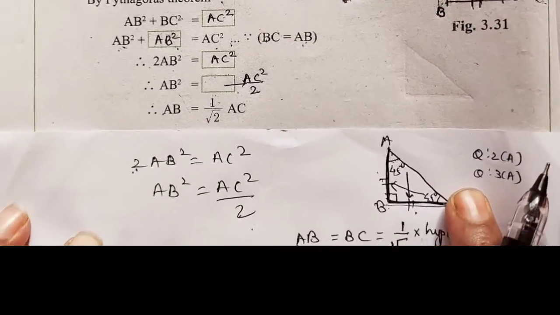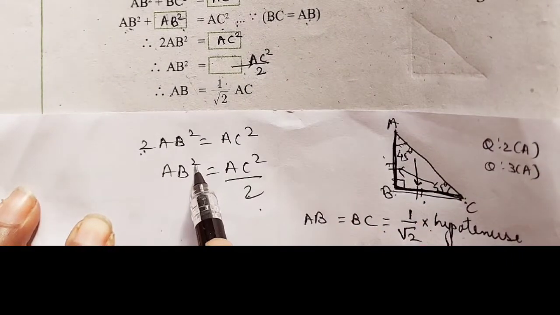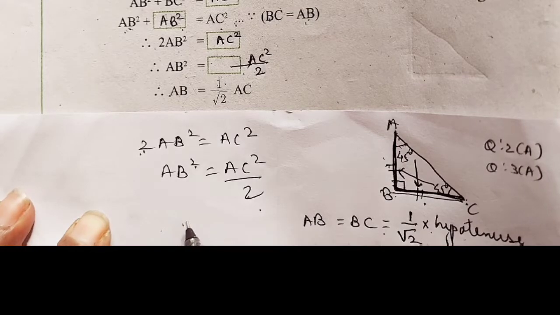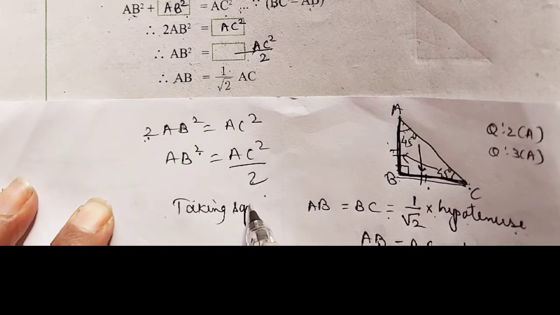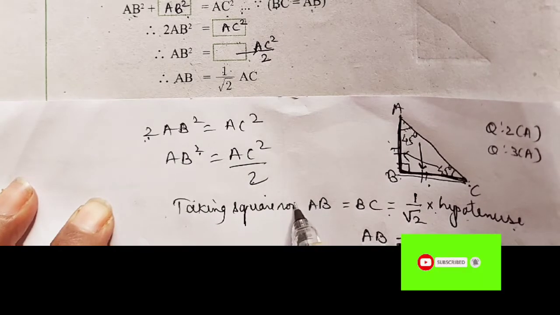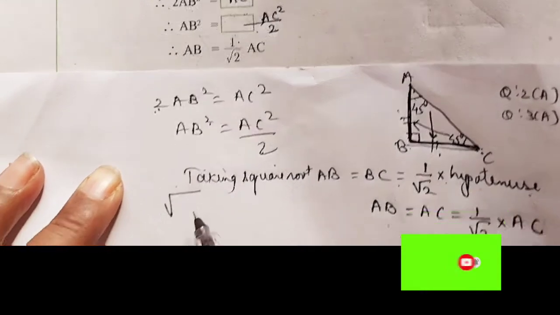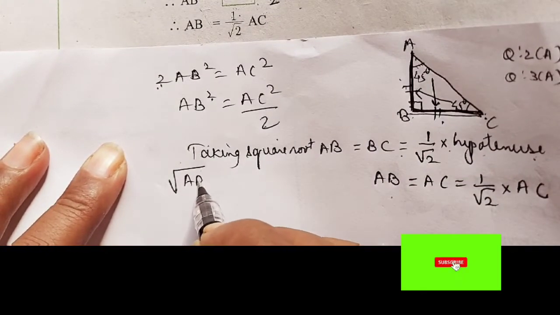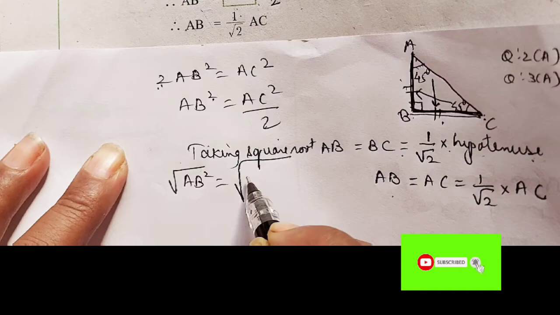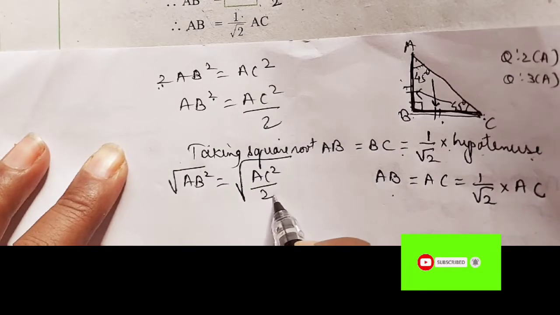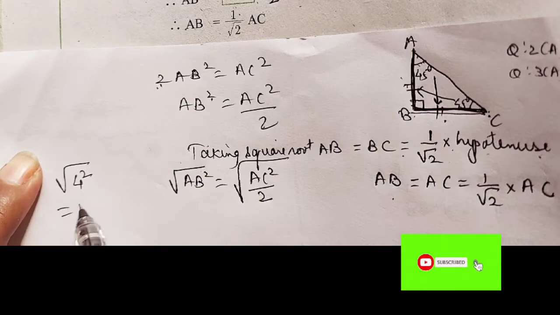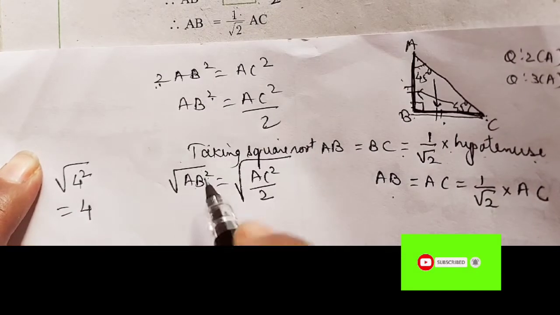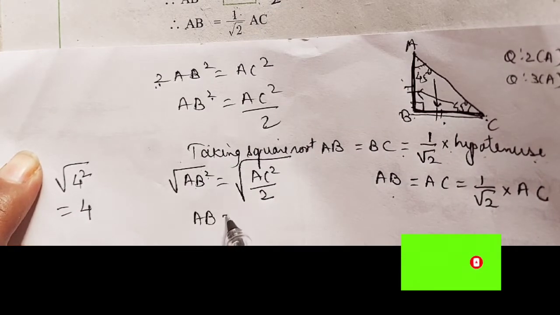Now this is a square and we want simple AB. Then for that you will take the square root. So taking the square root, you will write here AB square is equal to AC square upon 2, right? And we know that the square root of 4 square is 4. So the square root of AB square is nothing but AB, right?